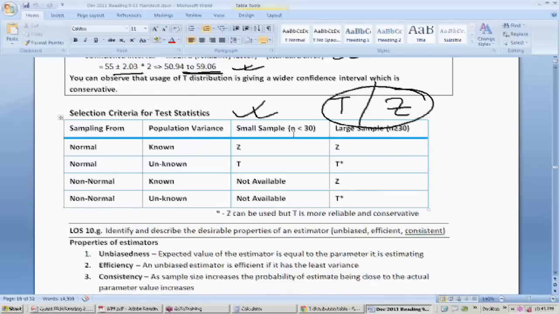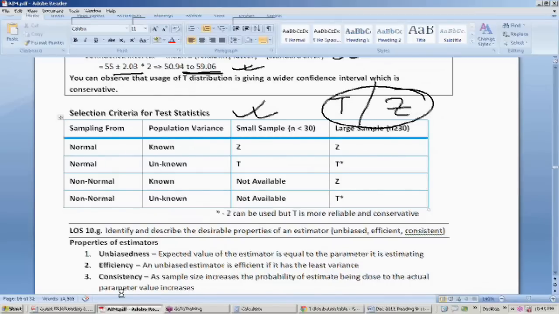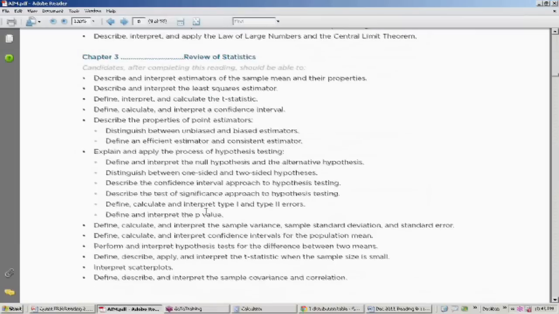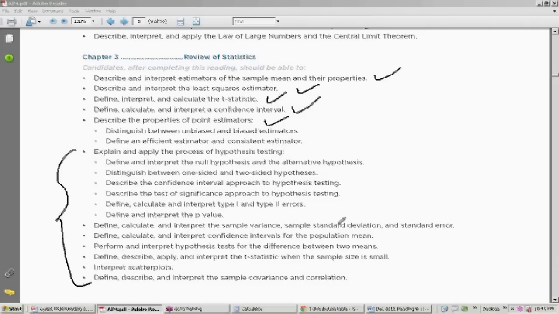If you see from this aim, we have computed a lot of things over here: sample mean, least square, T statistics, confidence interval, properties of point estimator. What is remaining is our concept of hypothesis testing. Over here you have sample variance and sample standard deviation, which is the statistics part.